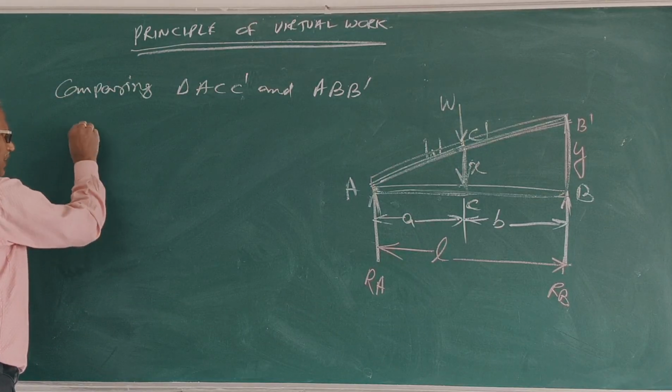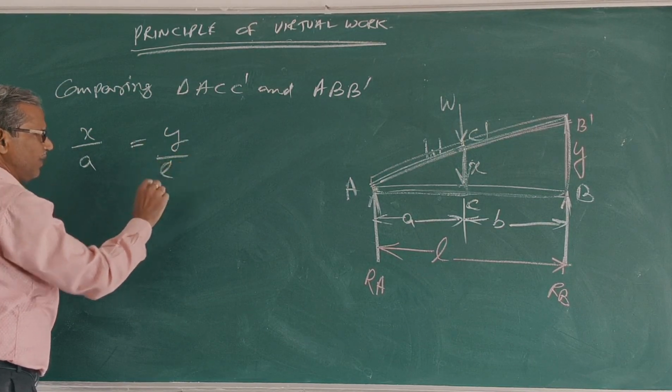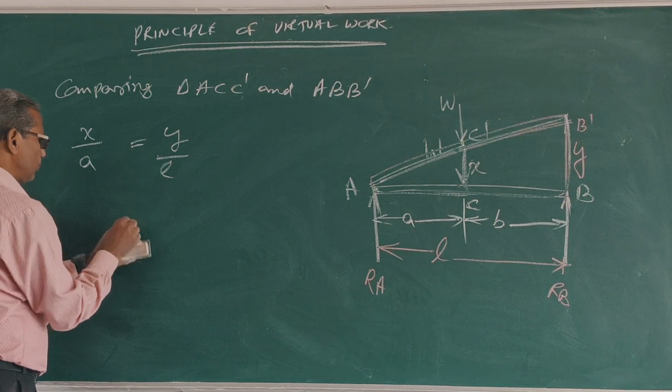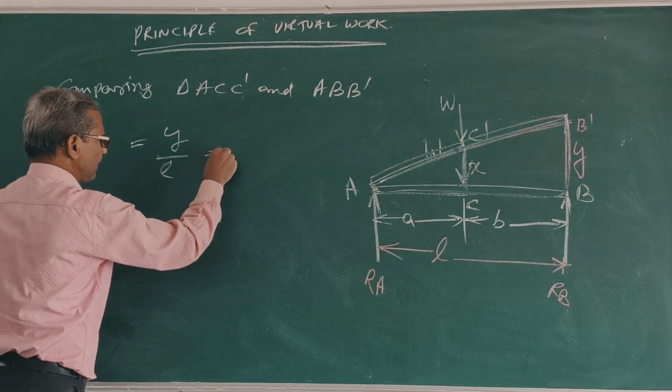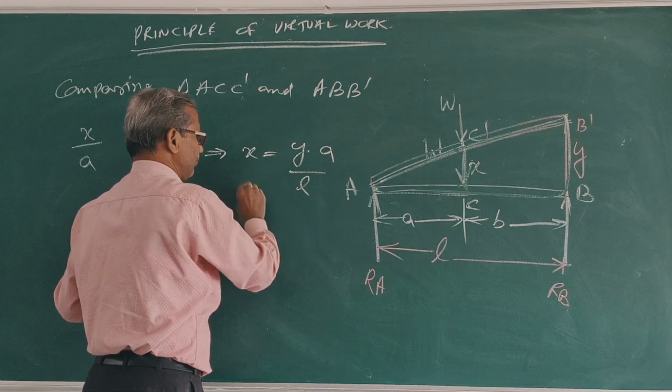So X by A is equal to Y by L. So what is X equal to? This implies X is equal to Y A by L.